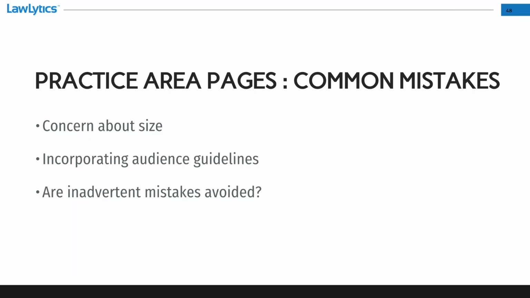Another thing we see, and this might sound a little odd, is attorneys who want to include practice areas that are services they don't handle yet or aren't going to handle. Sometimes they think their site should have a certain page to give it an aura of expertise.